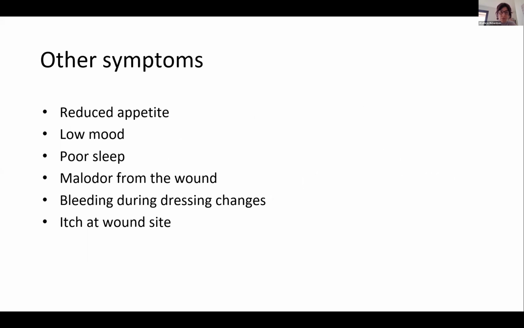And one of the first pieces of information about this patient was that the smell was so strong that the team and the other patients could smell the wound even from outside of the patient's room. There was also a lot of bleeding during dressing changes, and he was having a lot of itch at the site of the wound too.